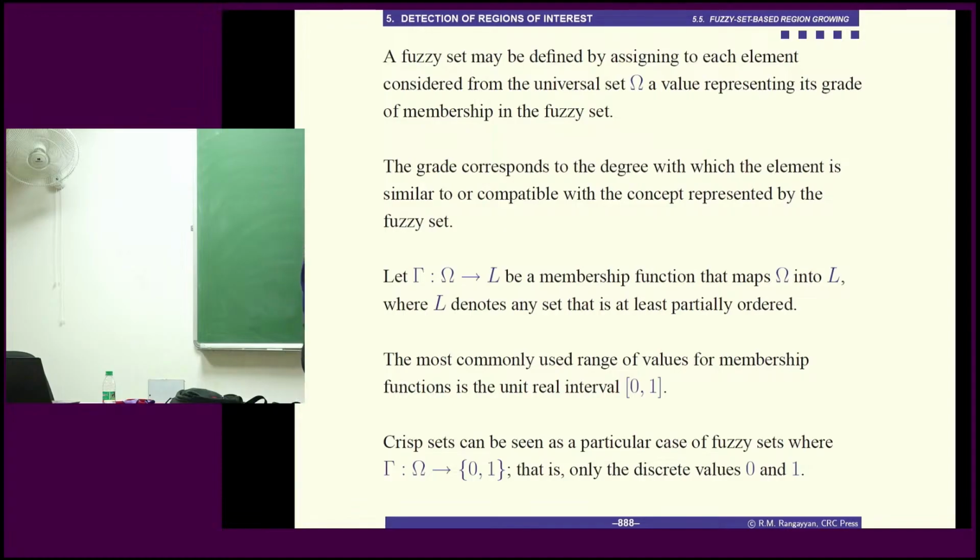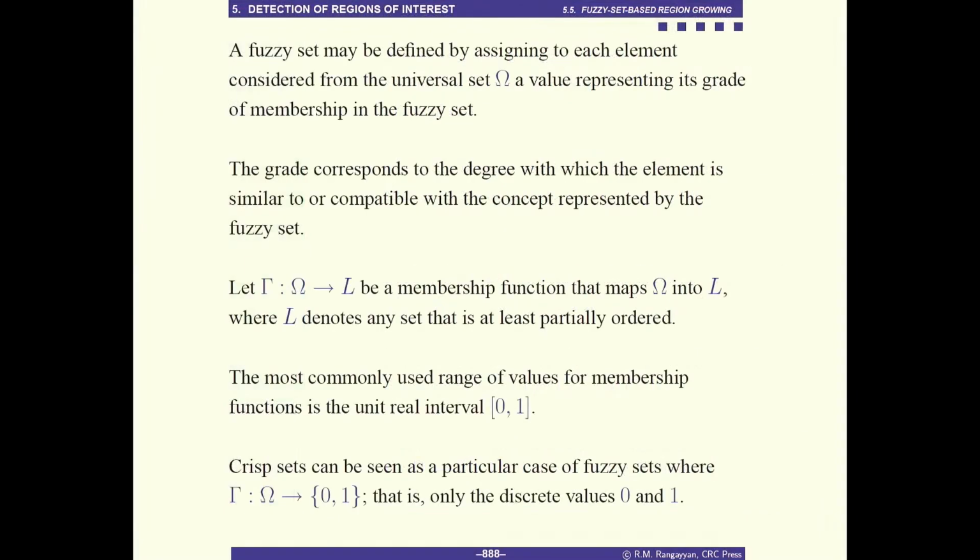So this is the membership function that maps from omega to L, where L is a set that we have. Let's say the membership function has this range 0 to 1, and that facilitates easy analysis later, and that's the membership value.